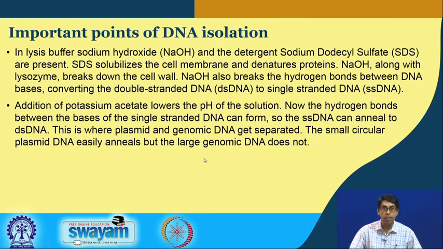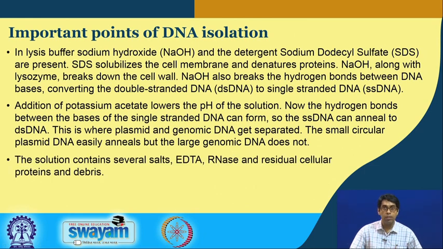But the genomic DNA is very, very large, and it is almost impossible for the two strands of the genomic DNA to find the correct bases and form double stranded DNA. So the genomic DNA remains denatured. It is just a probability factor that does not allow the genomic DNA to go back to the double stranded state. So it remains denatured and it remains insoluble.